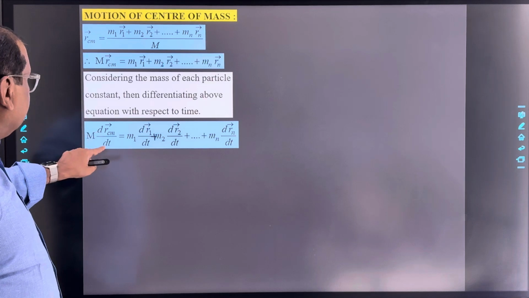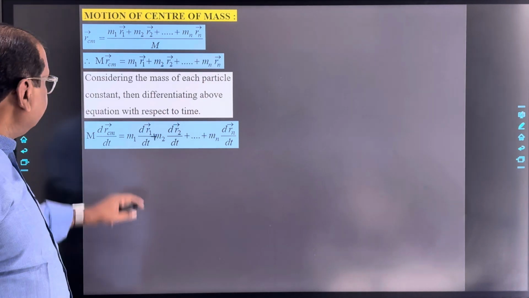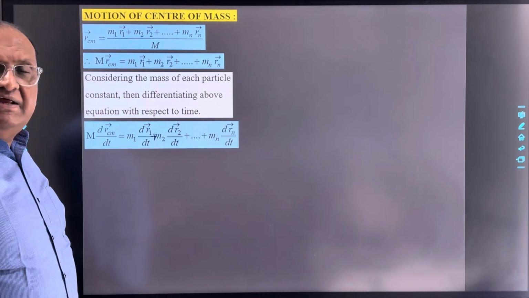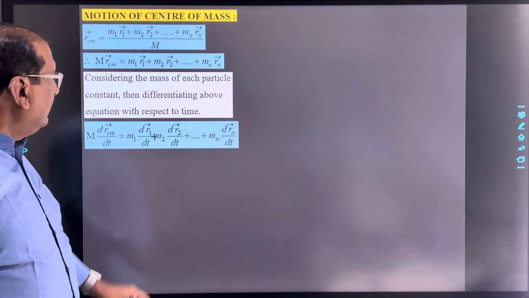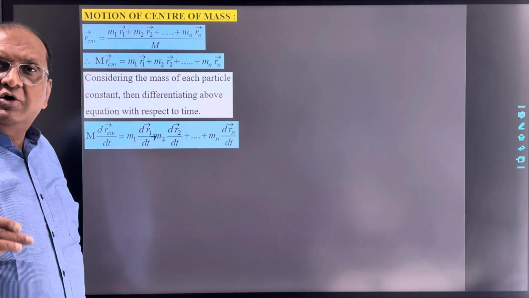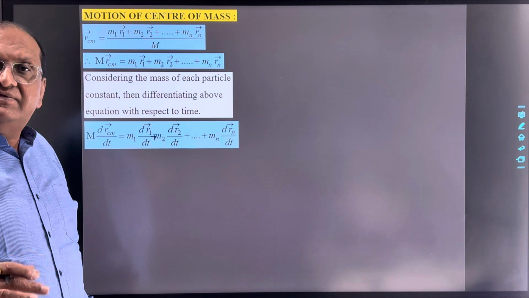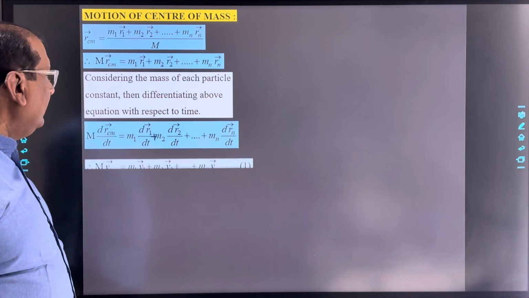So dR_CM/dt is the velocity of the center of mass, dR1/dt is the velocity of particle 1, dR2/dt that of particle 2, and like that dRn/dt is the velocity of particle n.